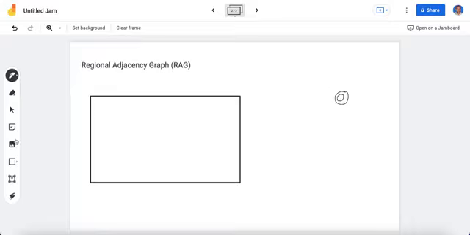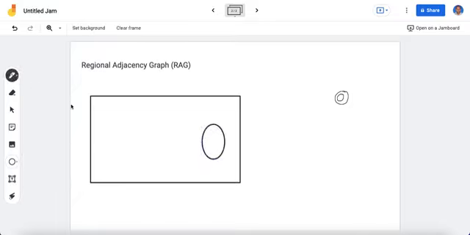So I have two regions in my image that I would like to name 1 and 2.